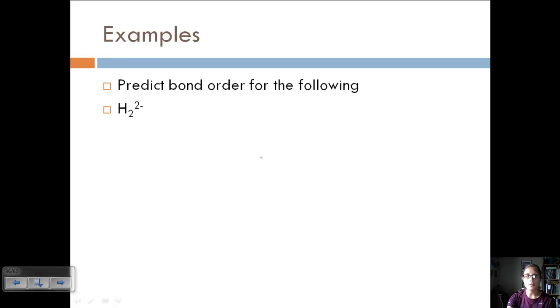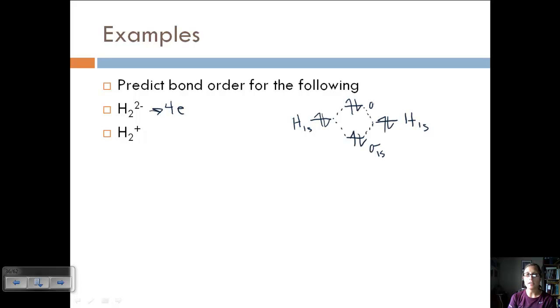Okay, so let's predict the bond order for the following. Let's do H2 2- first. H2 2- contributes 4 electrons. So let's draw our orbital. We've got our H1s and our H1s, and if we've got 4 electrons, we have 2 in the lower energy sigma 1s, and we have 2 in the higher energy anti-bonding 1s.